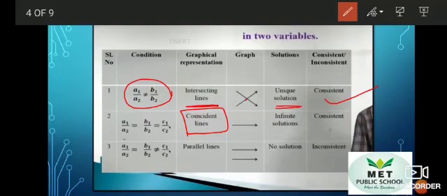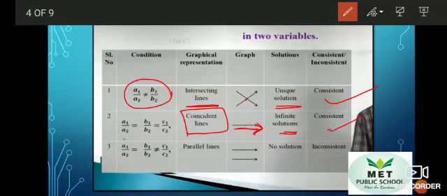On applying the values, if you find all the ratios are equal, then it is said to be coincident lines. In coincident lines, two lines will be one above the other. When both the lines are one above the other, it has infinitely many solutions. Because the graph has a solution, we call it a consistent graph.